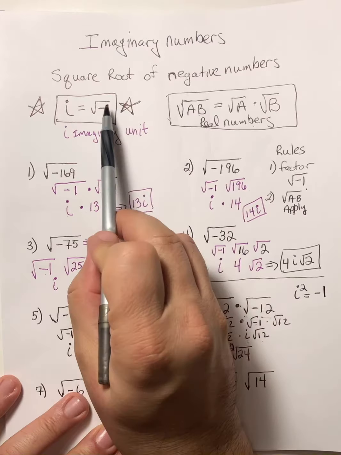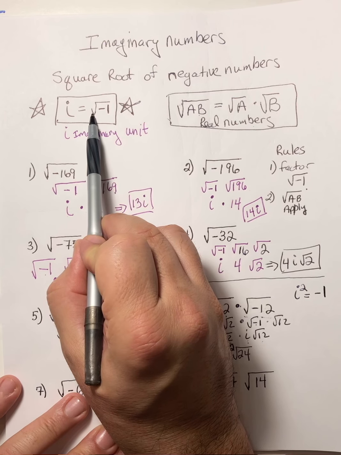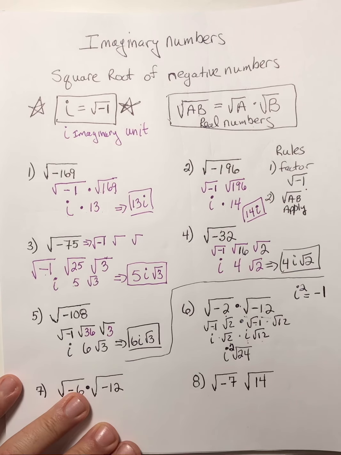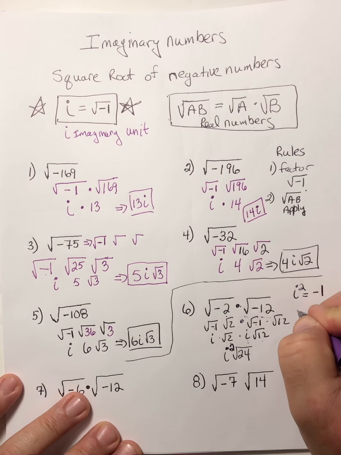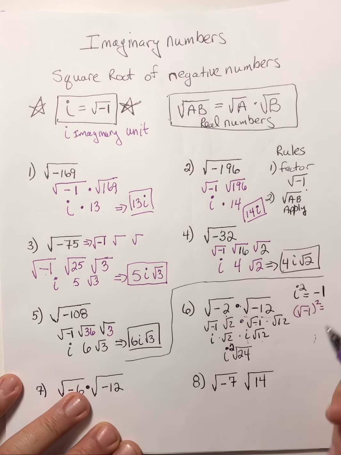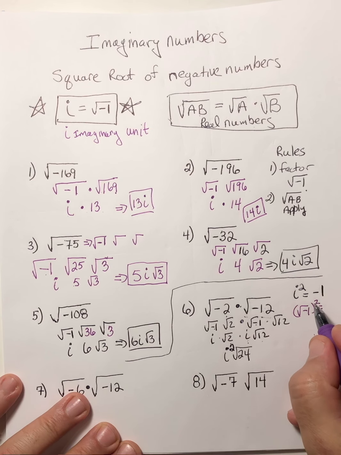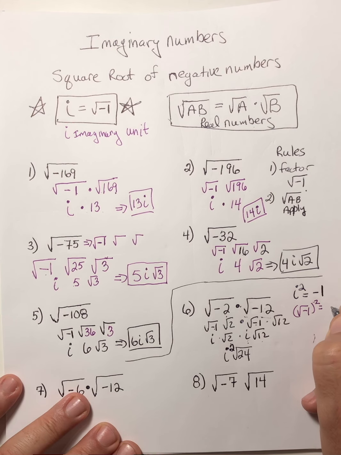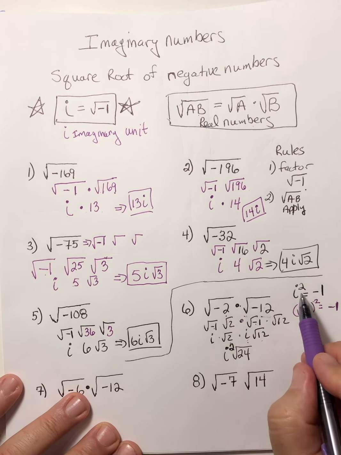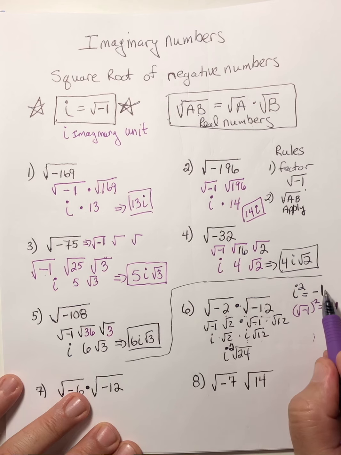Because what happens when we square a radical? That's right, when we take the square root of -1 and we square it, remember we talked about this before, the radical cancels out. When you square a radical, the radical cancels out, and then all I'm left with is -1. So i squared is equal to -1.